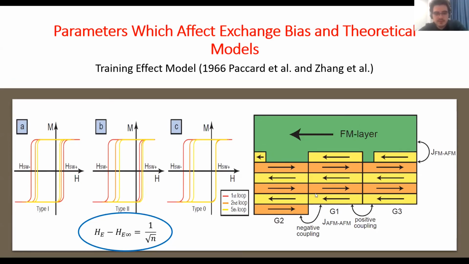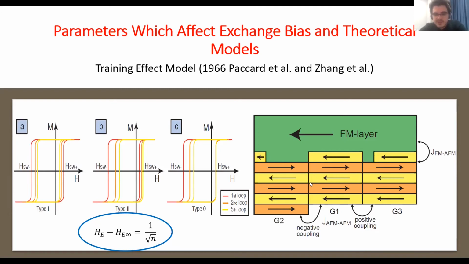Dr. Zhang explained the situation by ferromagnetic and antiferromagnetic coupling inside the antiferromagnetic layer. According to Nice's suggestion, they introduced direct exchange coupling between the AFM grains. As an example, a negative coupling may exist between AFM grains whose sublattices match each other, but the net surface spins are antiparallel, as you can see from the left part of this photograph.